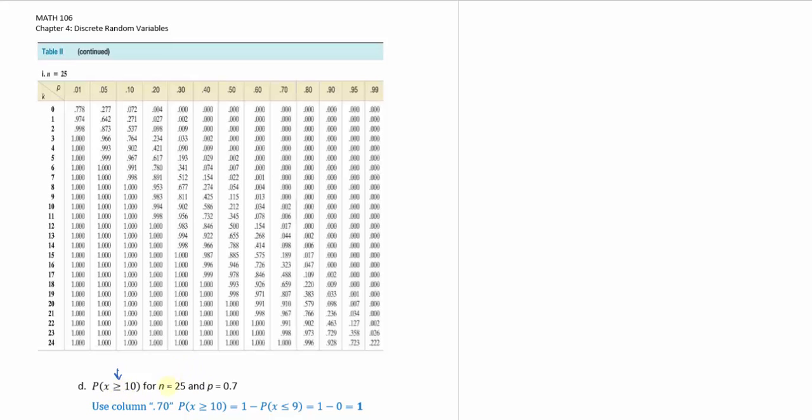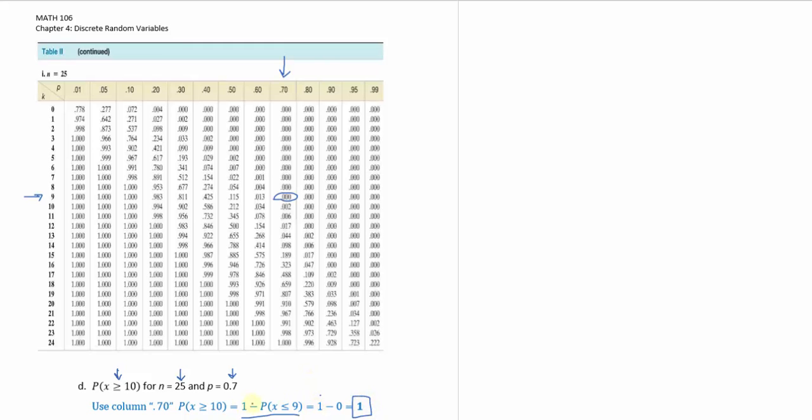So again, we have our table for n of 25. Our column is the 0.7 probability, and we want 1 minus the probability that x is less or equal to 9. Find where the row and the column meet. So we would have 1 minus 0, which gives us 1.